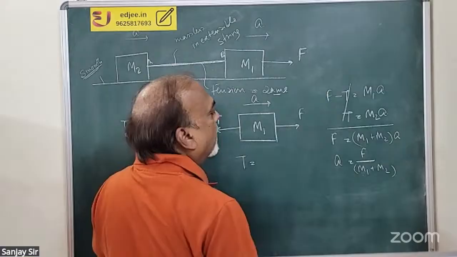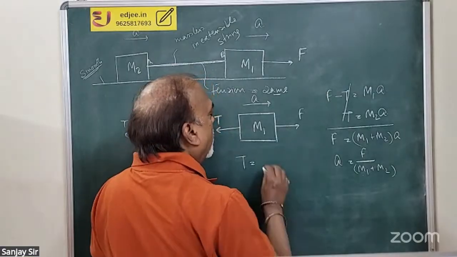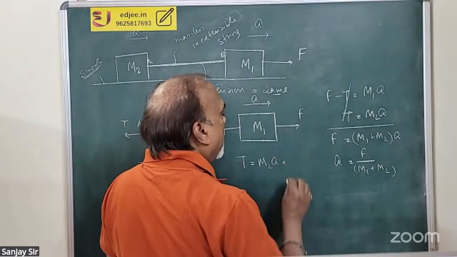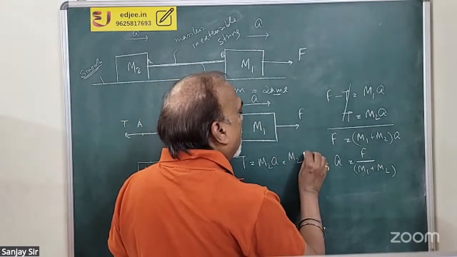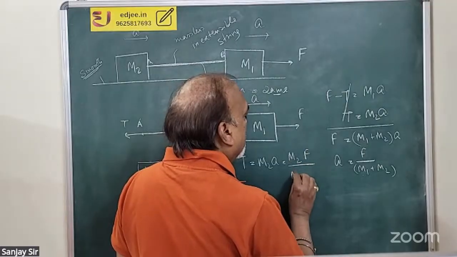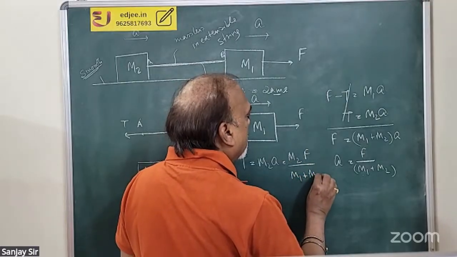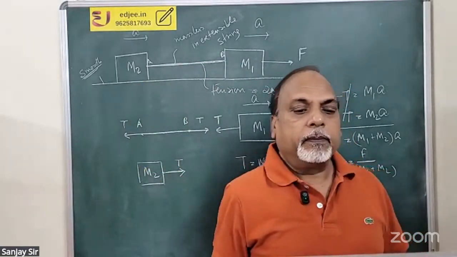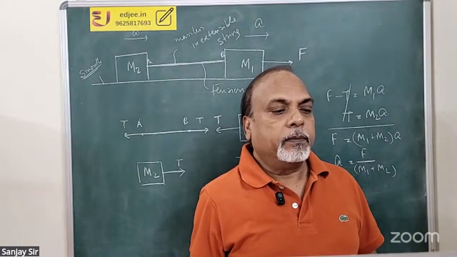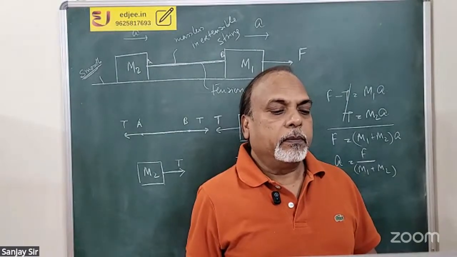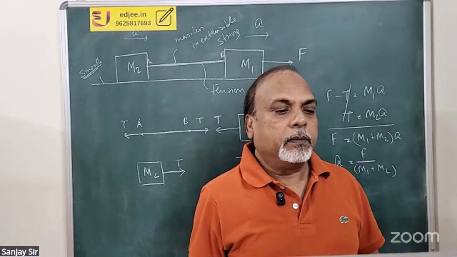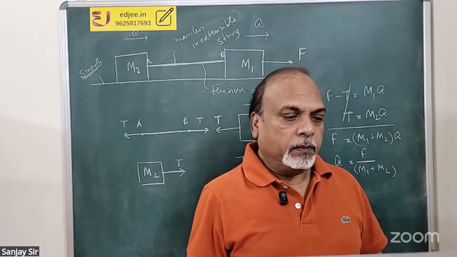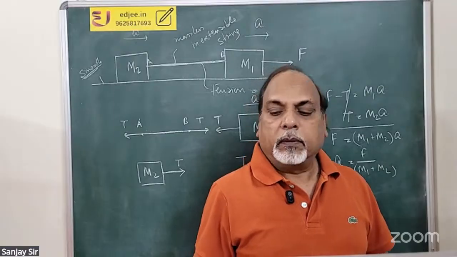T is nothing but M2 A or M2 F upon, correct? Okay.